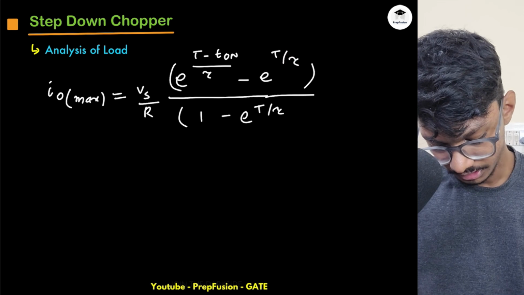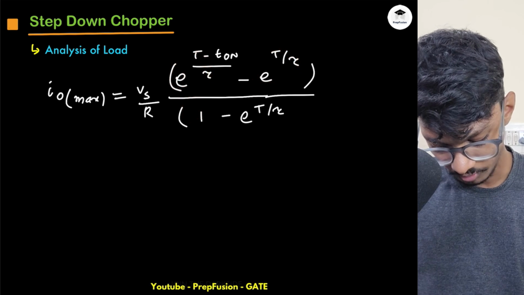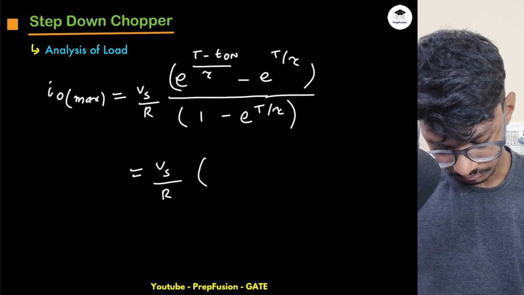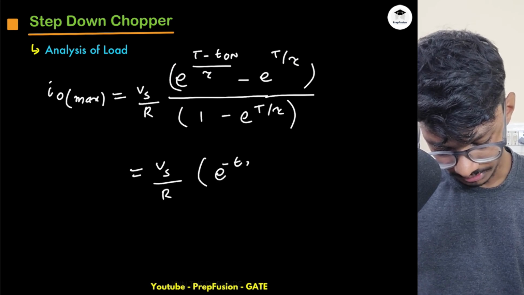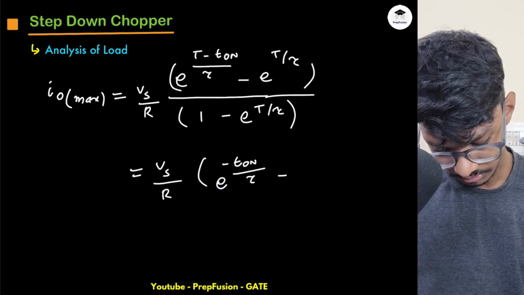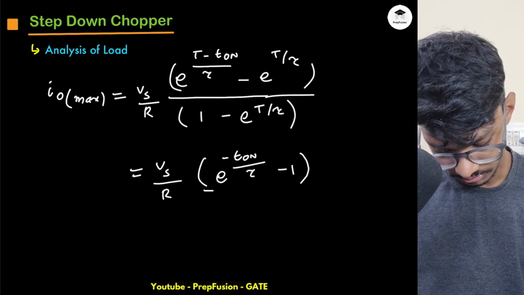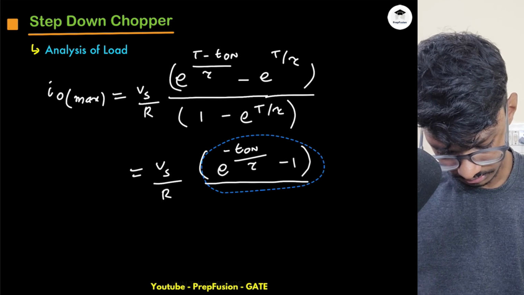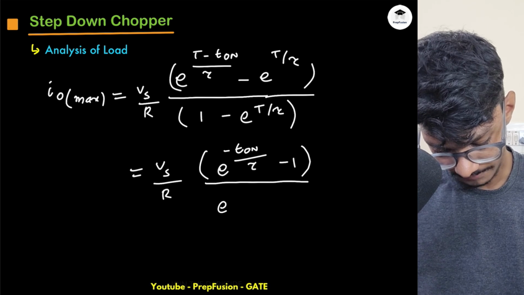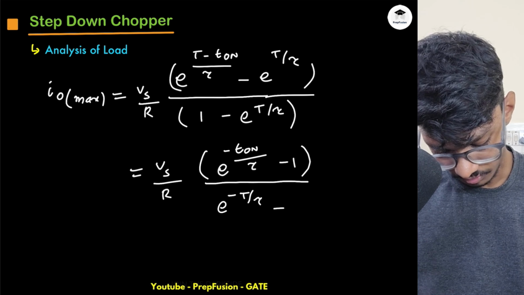Now what I can do is take this e raised to power t upon tau in common. I can multiply this at the bottom. So what will I get? I will get somewhat like this: Vs by R, e raised to power minus t on upon tau minus 1, divided by e raised to power minus t upon tau minus 1 again.